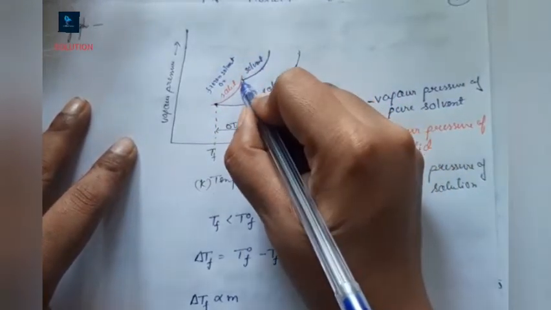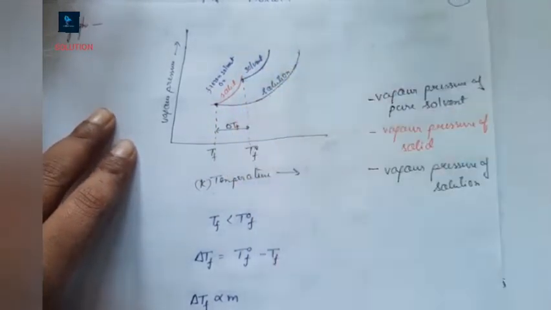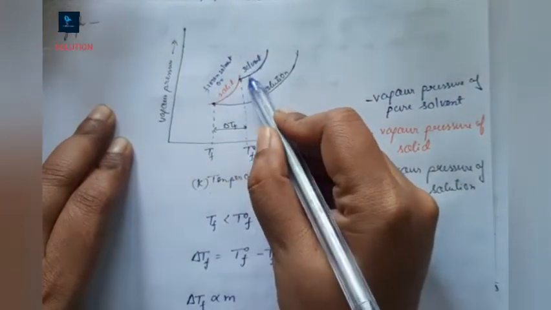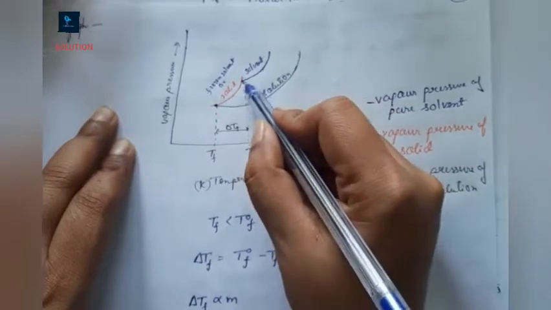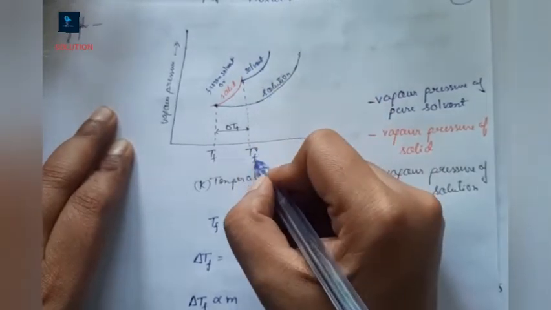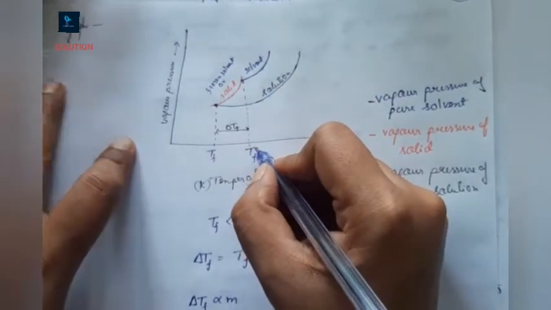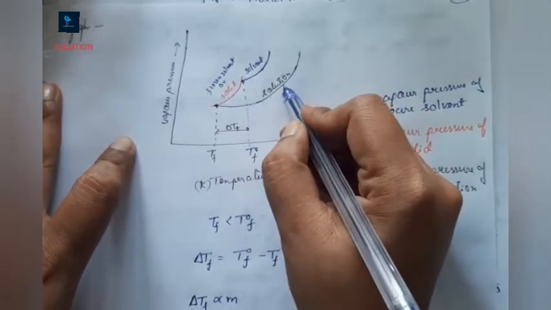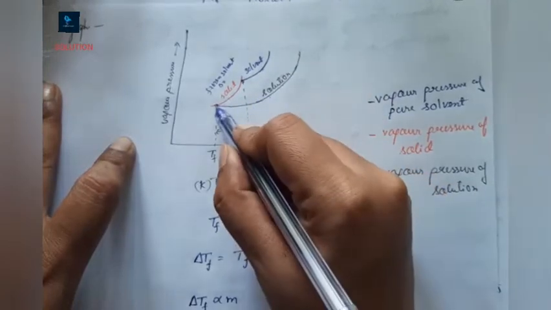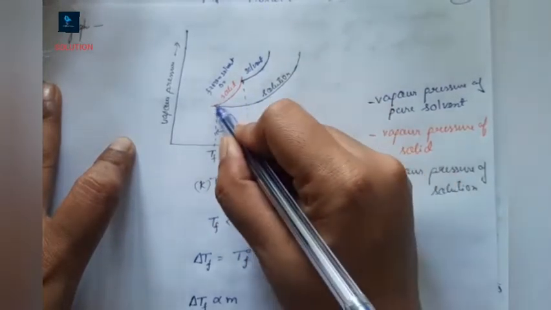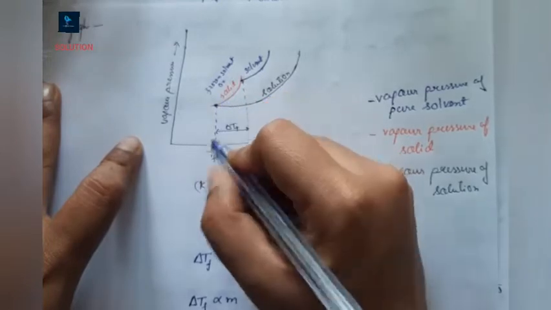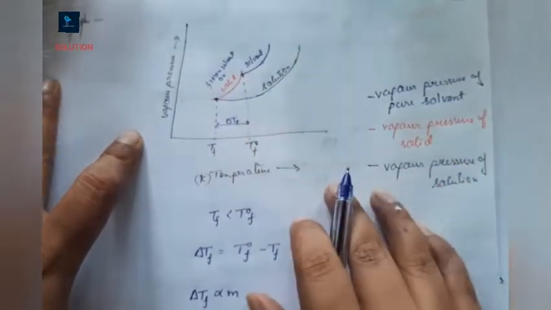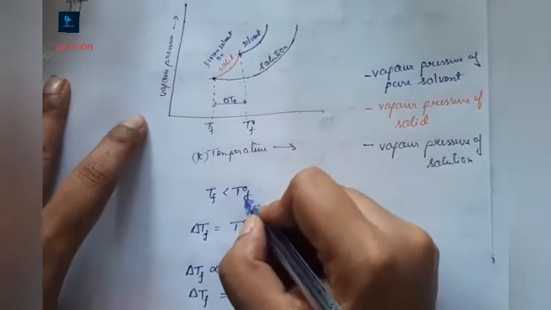And this point represents where solid and liquid meet, and it represents T0F. It is the freezing temperature for the pure solvent. When we extend the solution curve, it touches this point, and this point is the freezing point of the solution.